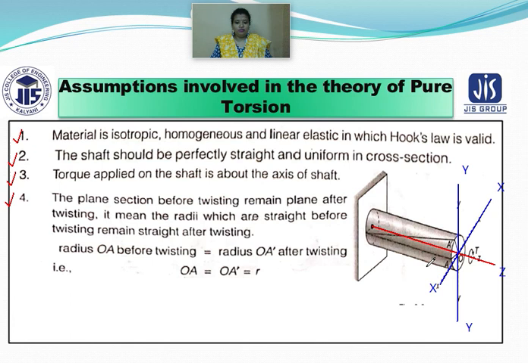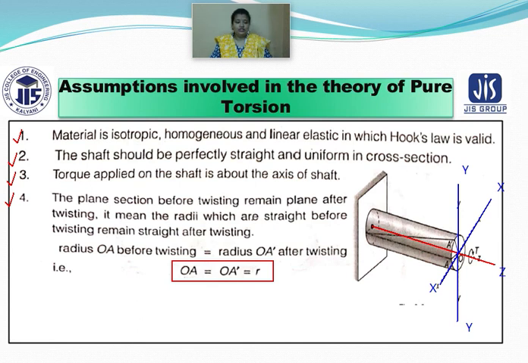When you are making a twisting, from O you have reached the OA dash position. The radius after twisting will also remain the same, that is equal to R. What I was telling you, you have to remember, is that OA is the radius before twisting, and OA dash is the radius after twisting, and both have been represented as R, the radius of the particular circular shaft.